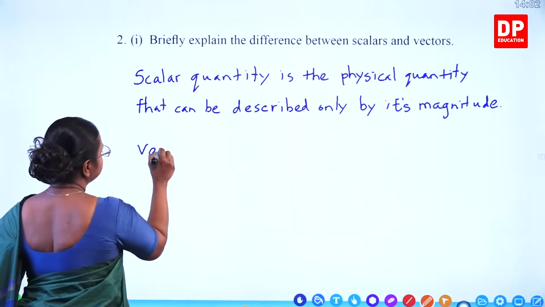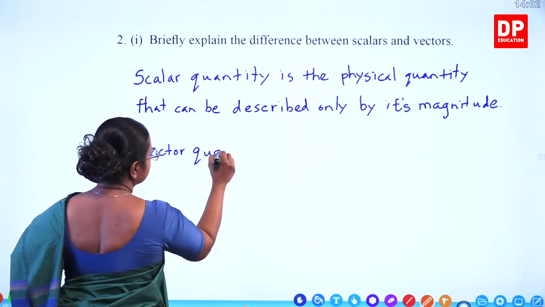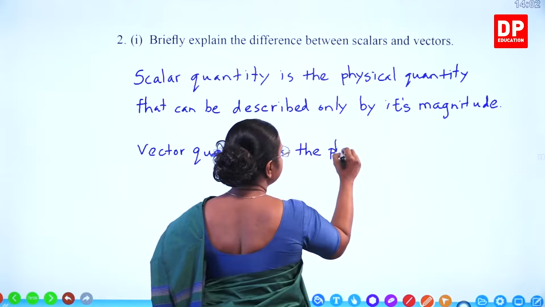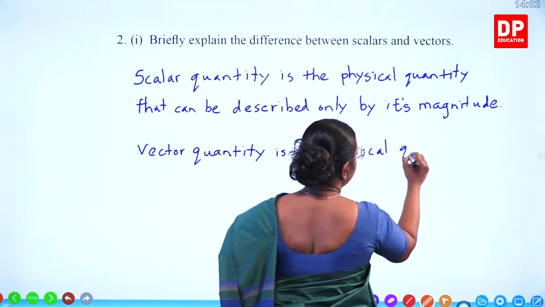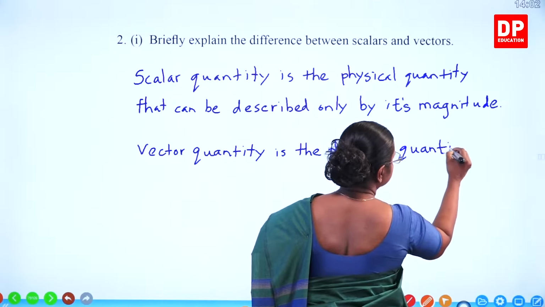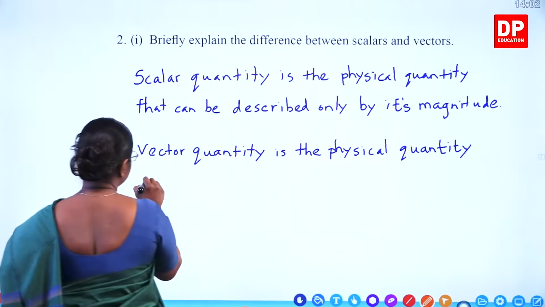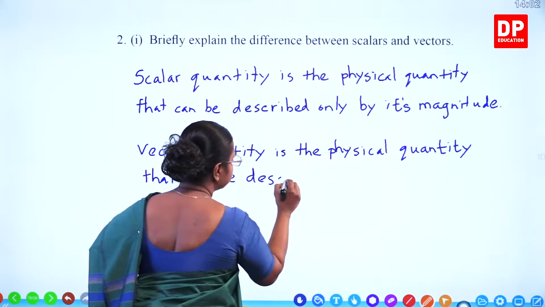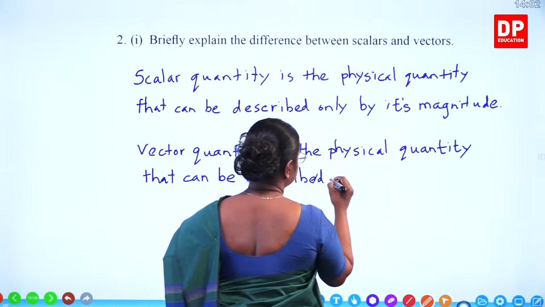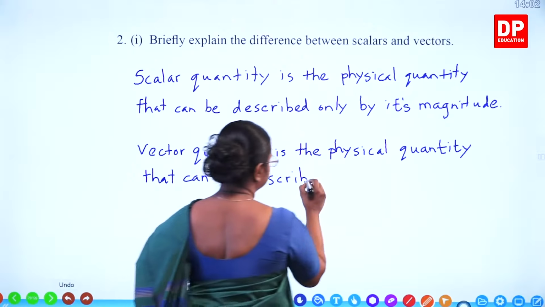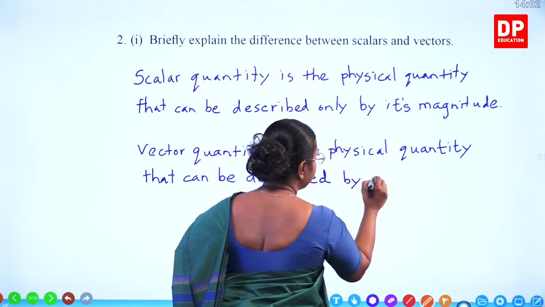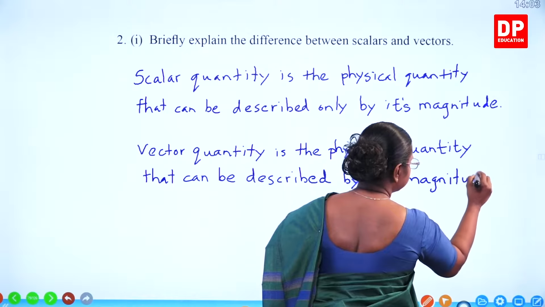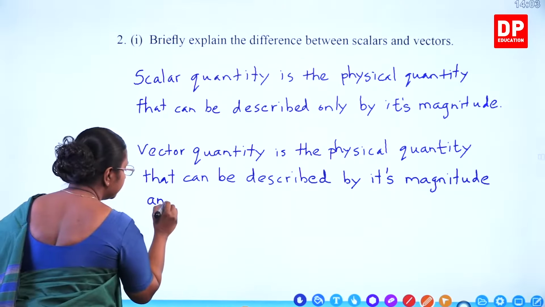So, a vector quantity is the physical quantity that can be described by its magnitude and direction.